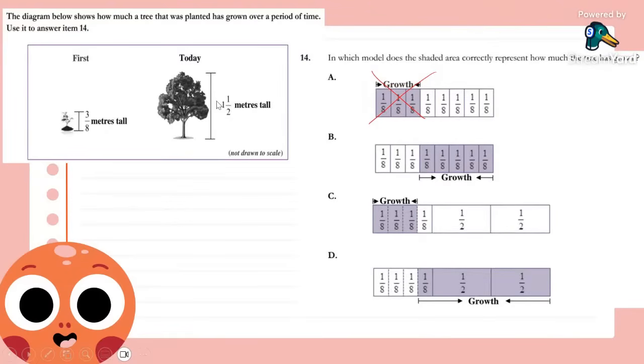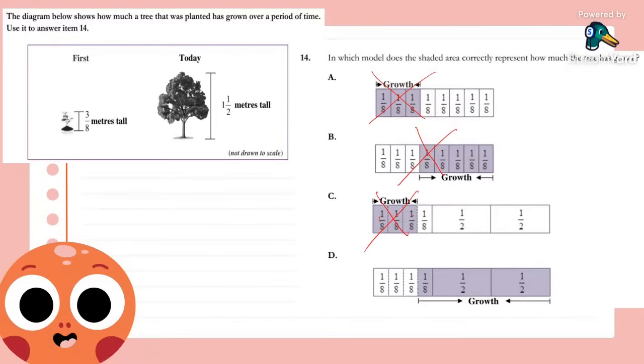This is showing 1 whole and half more. So this is showing 1.5. So we know that B could not work because the tree is not 1 meter tall now. That would have been 3/8 plus 5/8. So A and B cannot work. Let us look at C. Again, the growth is not 1, 2, 3/8, so that is wrong.